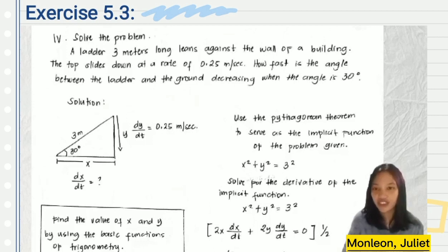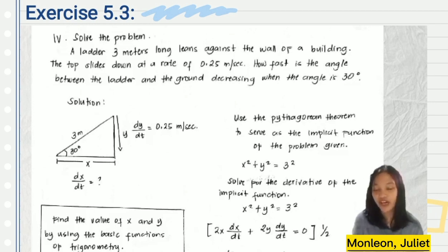So the angle 30 degrees is in between the 3 meter ladder and the x variable. So the derivative of y with respect to t is equal to 0.25 meter per second.